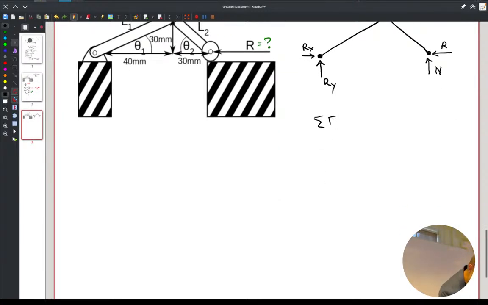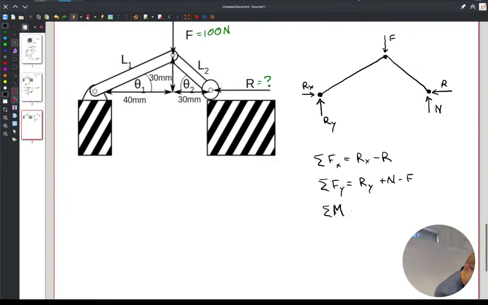So sum of the forces in X equals Rx minus R. Super helpful. Sum of the forces in Y is Ry plus N minus F. Sum of the moments, that one I'll let you work on.